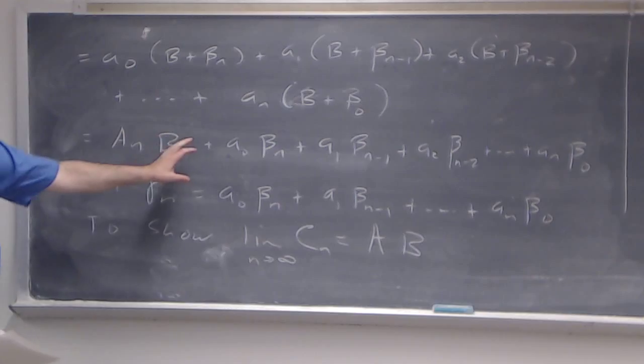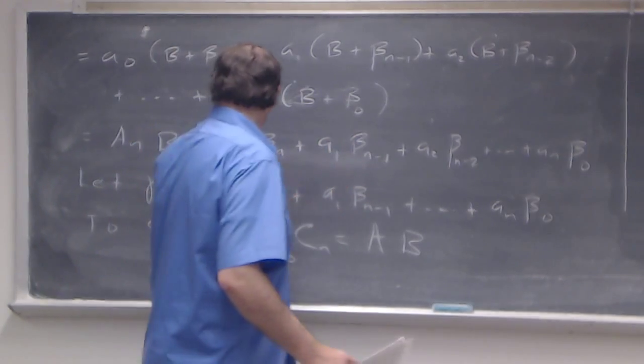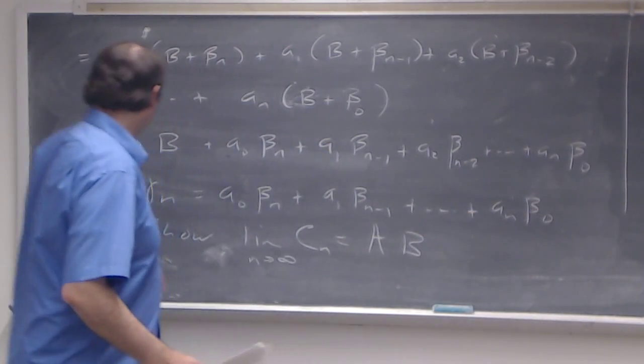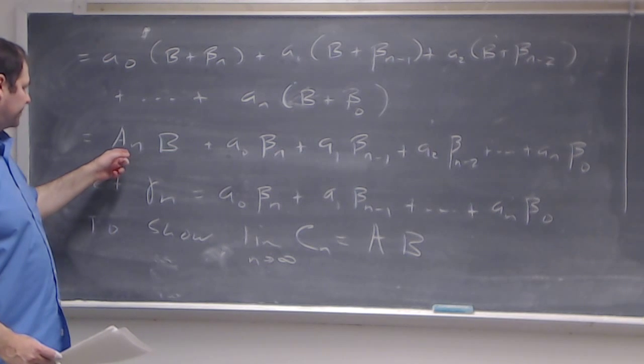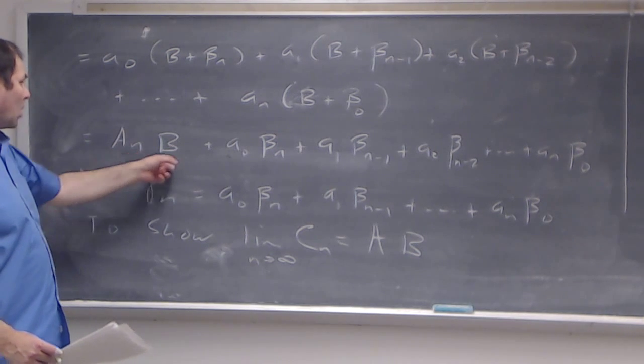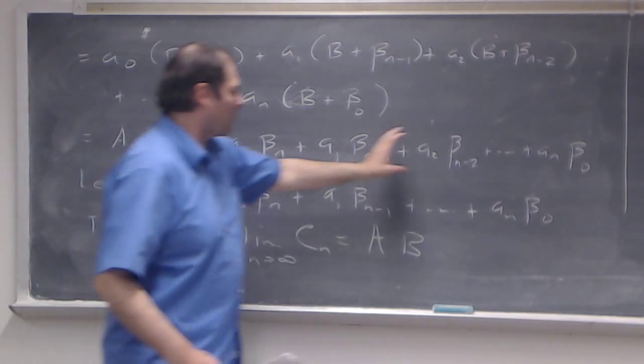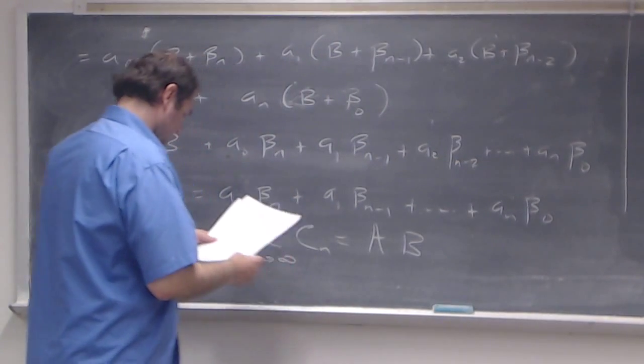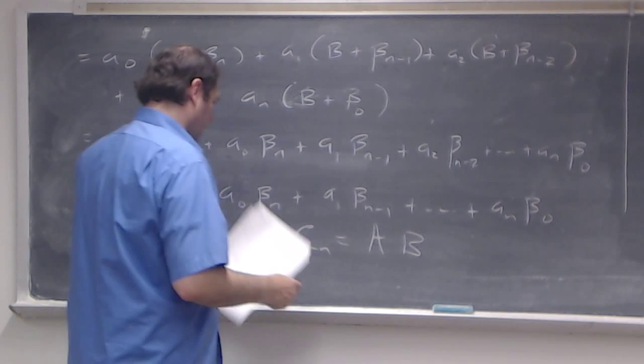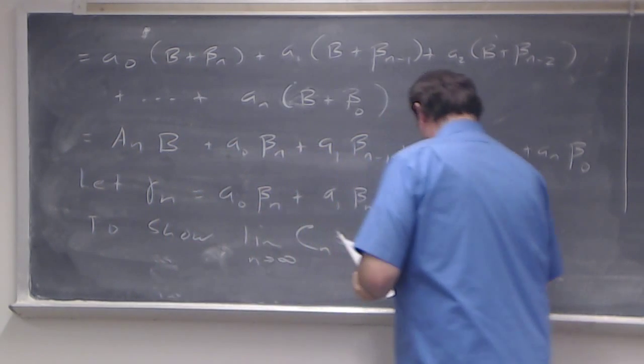Well, we have to show that this guy right here goes to A times B as n goes to infinity. But this part does go to A times B as n goes to infinity. So this part must go to 0. And that's what I'm going to indicate here.